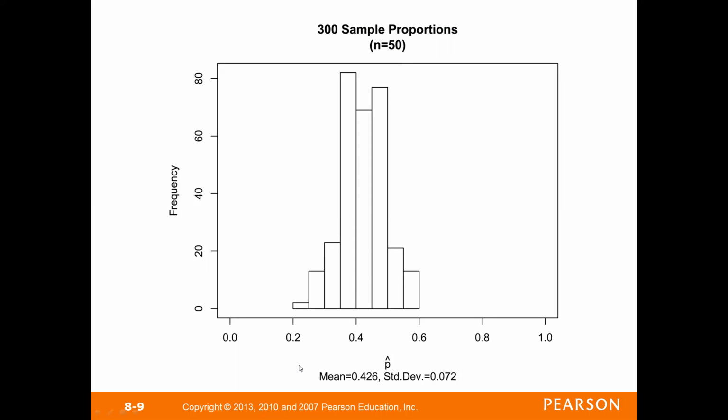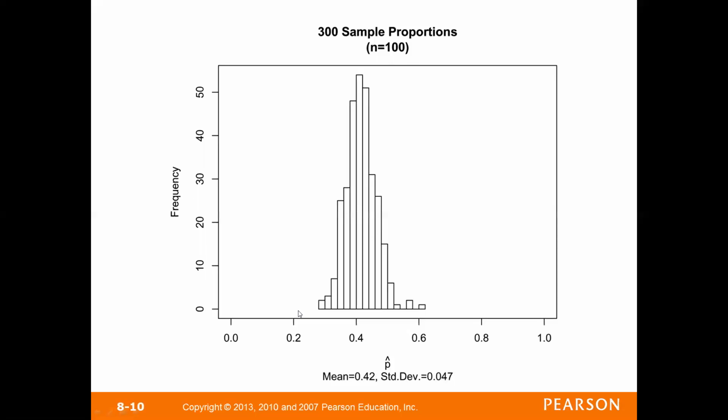The variability between samples should decrease, just like it did with the mean. Now, if I use 100 in each sample, I again get a mean of 0.42 and a standard deviation of 0.047. Using a higher sample size gives me a better estimate of the proportion, and I get a much lower standard deviation.